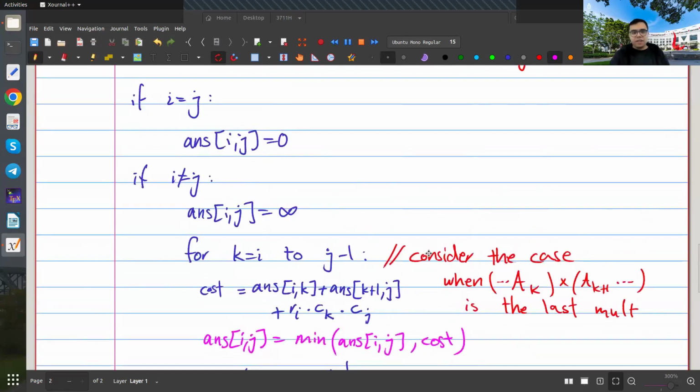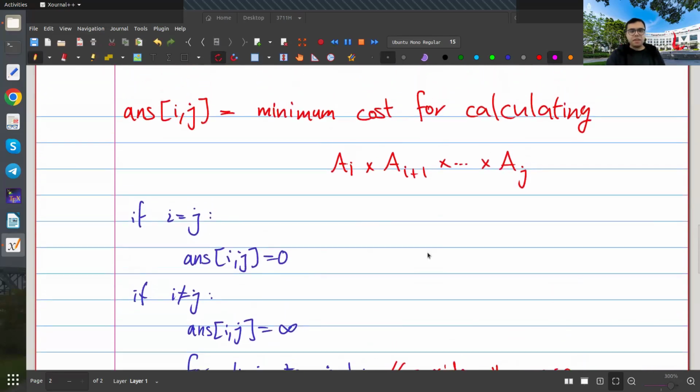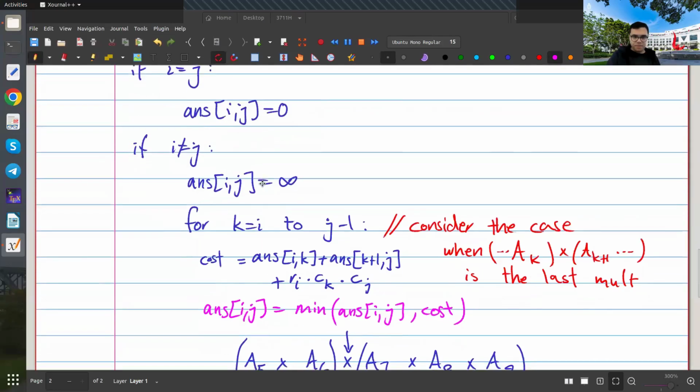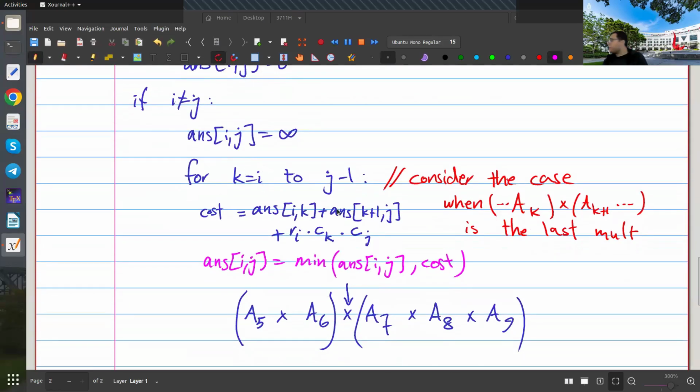Okay, what is my runtime? Well, to compute the runtime, I'm just going to look at how many subproblems I have and how much time I'm spending on each subproblem. So first of all, I have n squared subproblems because i is between 1 and n and j is between i and n, so O(n squared). But now, unlike the previous cases where I was spending only constant time for each subproblem, here I'm actually spending O(n) time for each subproblem.